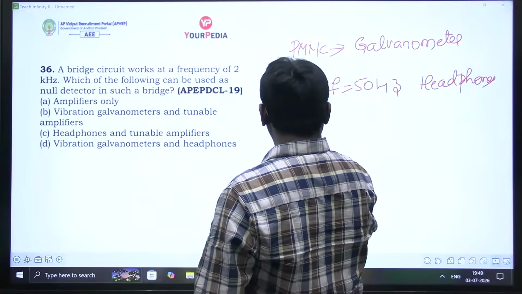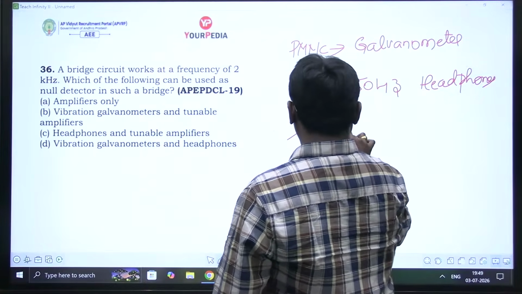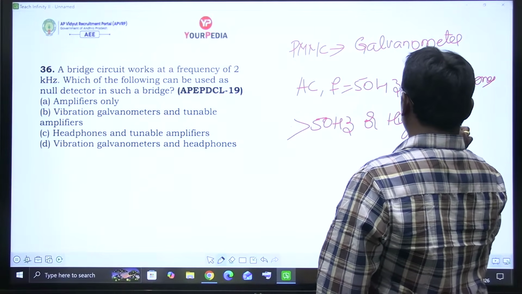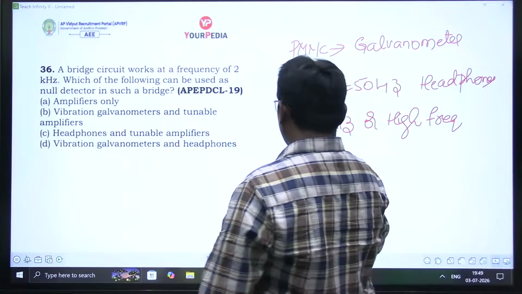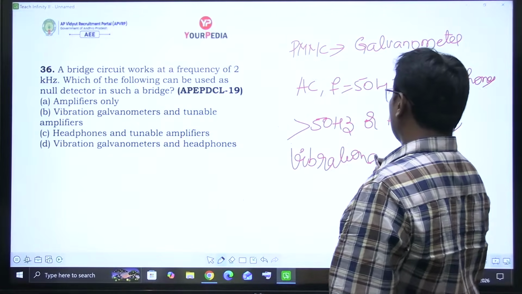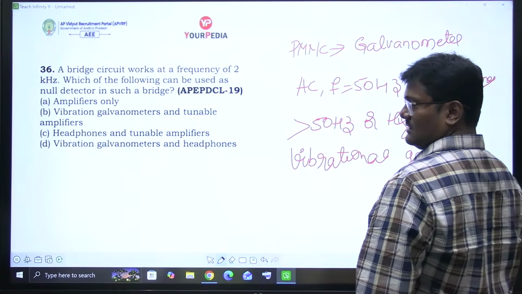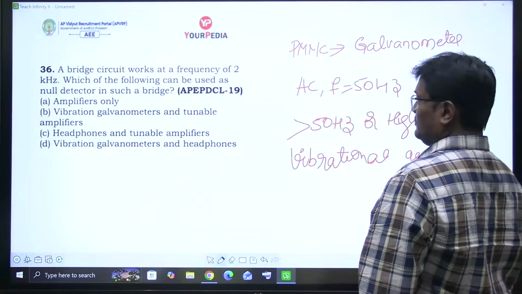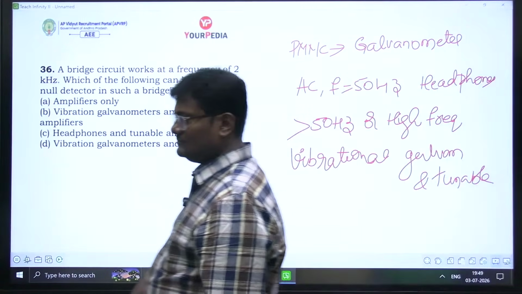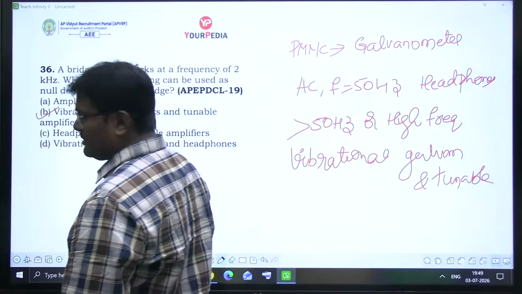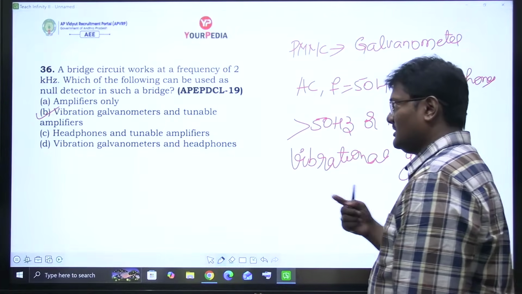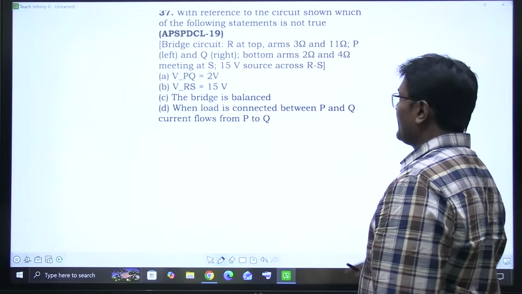And for frequencies greater than 50 Hz, or high frequency, we can use vibration galvanometers and also tunable amplifiers. Yes, someone has already answered: vibration galvanometers and tunable amplifiers.